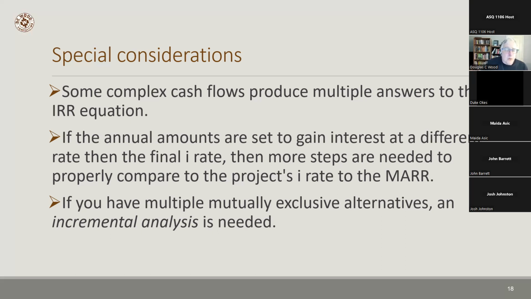This is especially important if sensitivity analysis needs to be done, and your estimates of the money you're going to get back from your various investments are not true, because some of these investments might have a greater impact on your return than others. And you need to understand that if you're going to look at mutually exclusive alternatives.